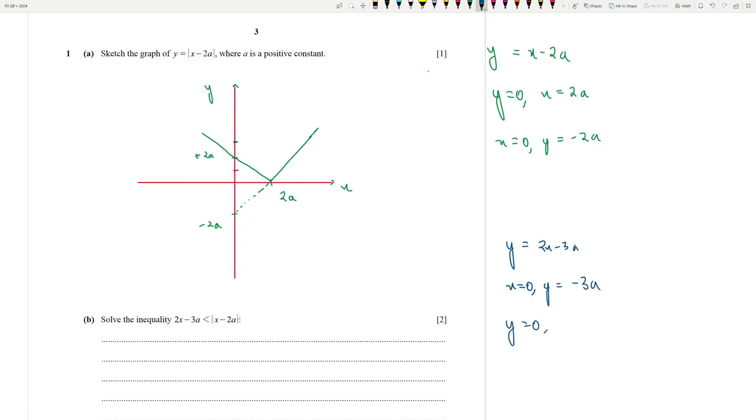When y is equal to 0, twice x equals 3a, so x equals 3 by 2 a.